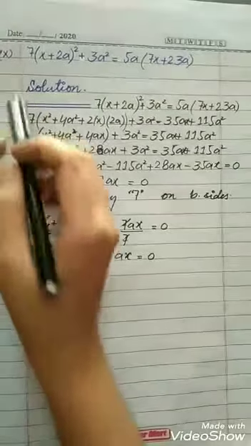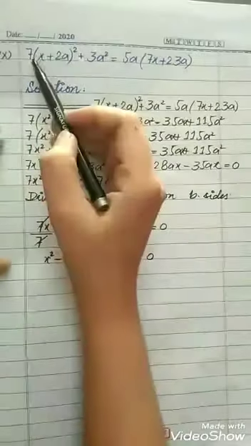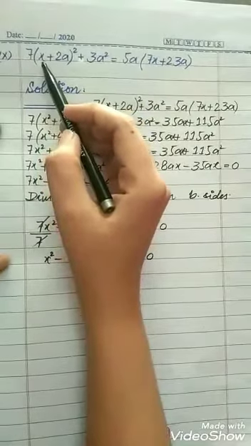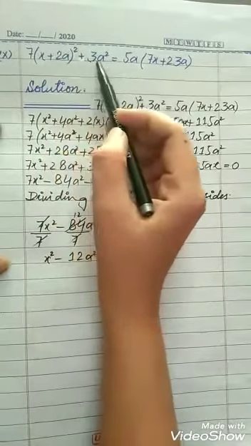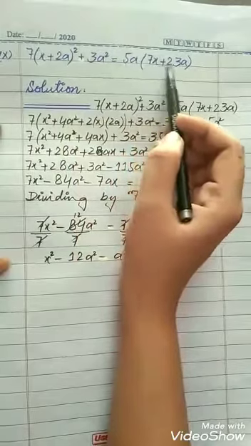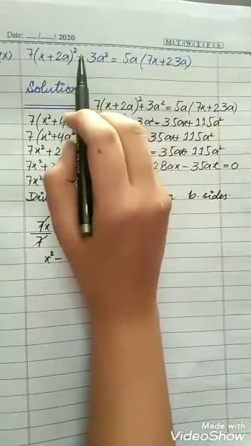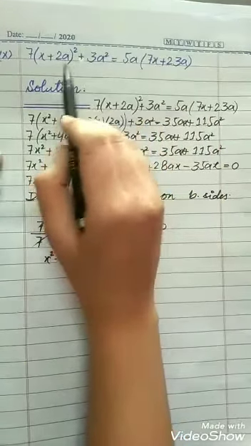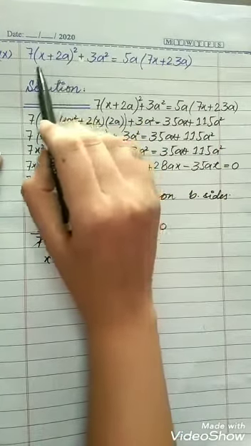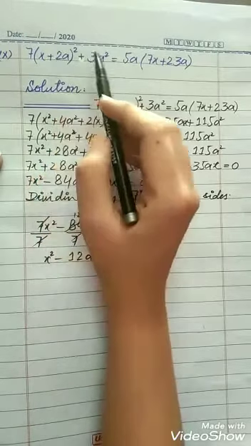Okay, 10th class, question number 3, part 10 now. A quadratic equation is given: 7 into (x plus 2a) whole square plus 3a square is equal to 5a into (7x plus 23a). This is a quadratic equation because in a quadratic equation we need, for completing the square, an x square coefficient.